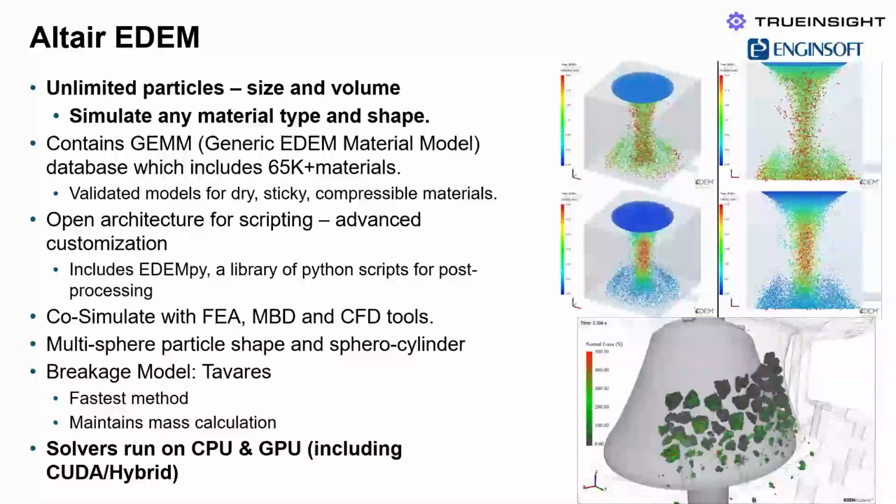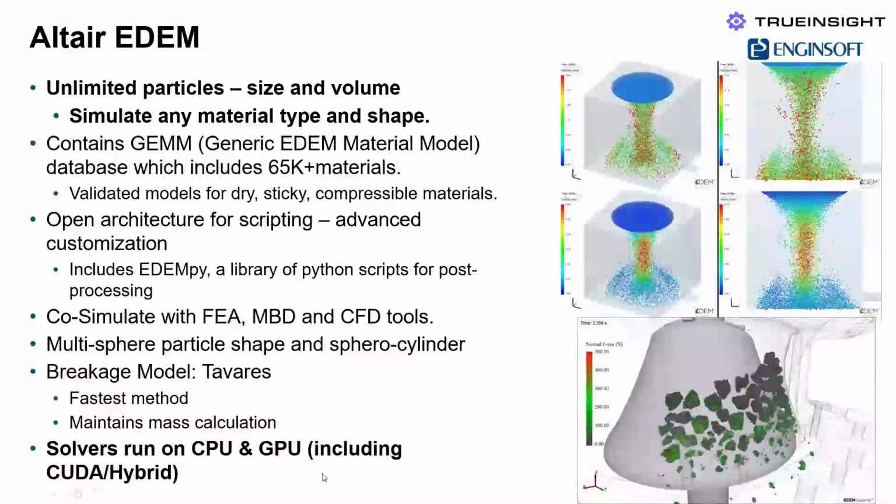And then as we saw earlier, we can do the multi-sphere particle shapes and the spherocylinder types of particles. And then it's even possible to have these particles break up. And this Tavares approach is applied. It's the fastest method, and it's able to maintain the mass within the system as the particles are breaking up.